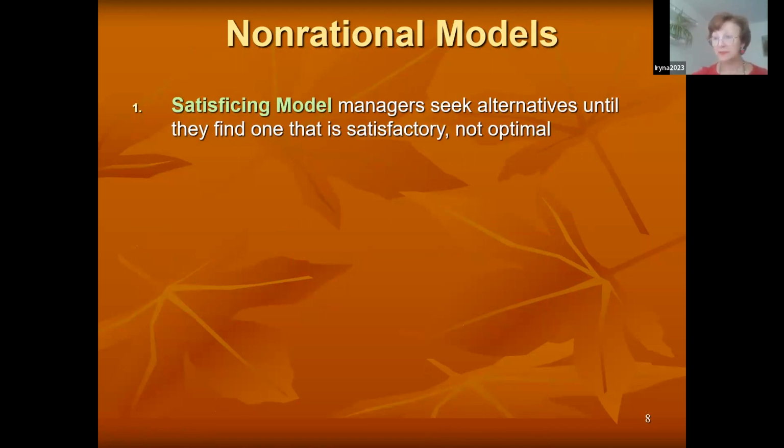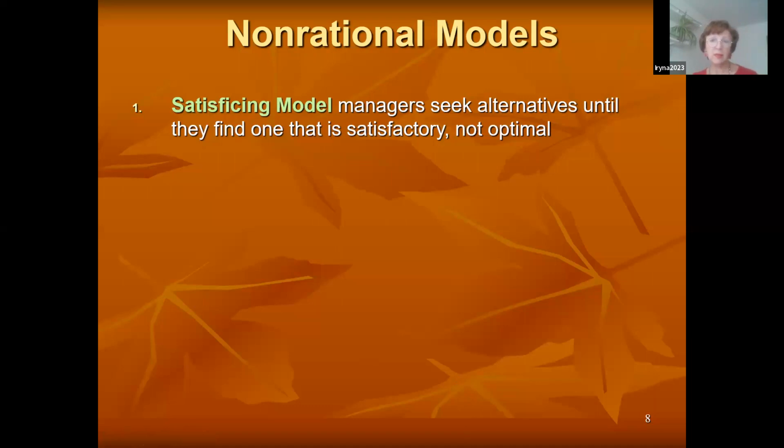So, satisficing model says that managers seek alternatives until they find one that is satisfactory, not necessarily optimal. So search for decisions goes until a satisfactory decision is found.